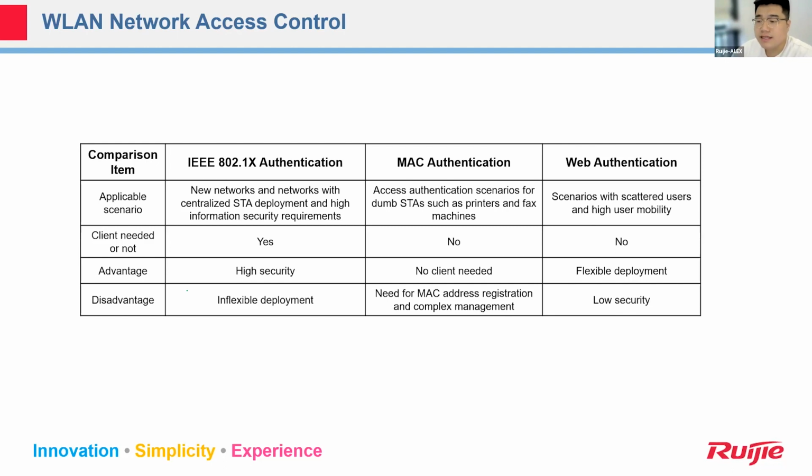Okay. Since the open and the PSK authentication are simple, here we just compare the difference between these three types of authentication. For the 802.1x authentication, if you want to enable it in the network, you should have a server to support the 802.1x authentication function.